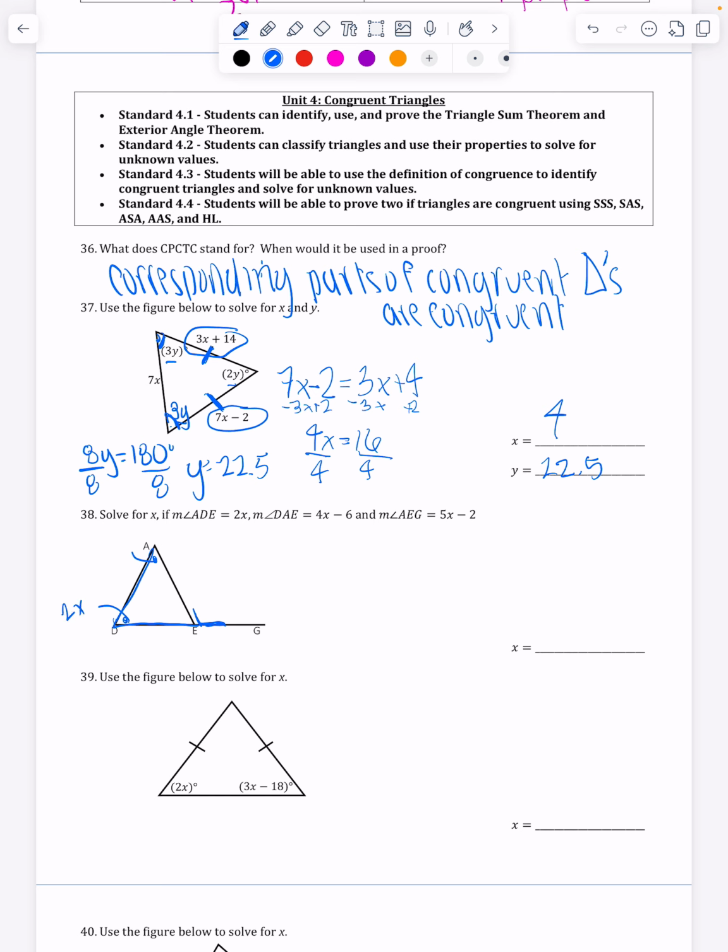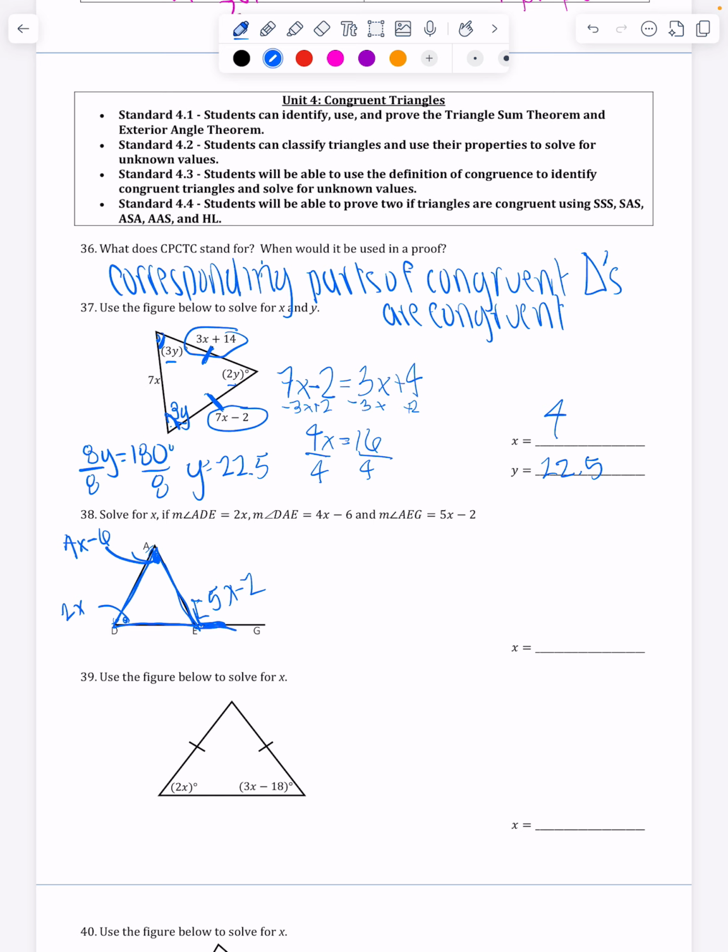This angle, DAE, right here, is 4x minus 6. And then AEG always reminds me of Agamemnon. Anyway, it is 5x minus 2.